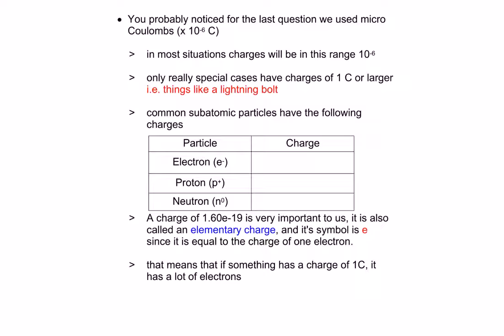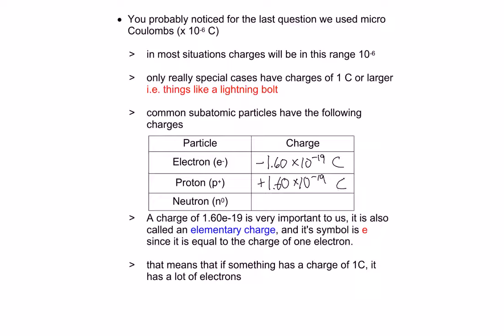And the reason for that is our particles that are making those charges, the electrons and the protons, are pretty small. So on your formula sheet, the charge of an electron is written as negative 1.60 times 10 to the negative 19 coulombs. And a proton, obviously, will be the exact same, but positive.